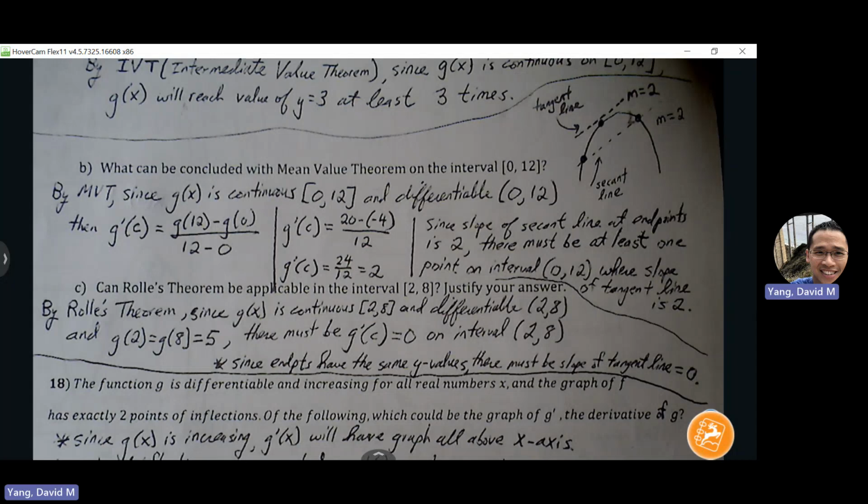Mean value theorem is with any slope and then Rolle's theorem is with just 0? Yeah. That's what I was thinking. They make that distinction with Rolle's theorem because we're looking for slope 0 more often than any other slope, so it gets its own category.